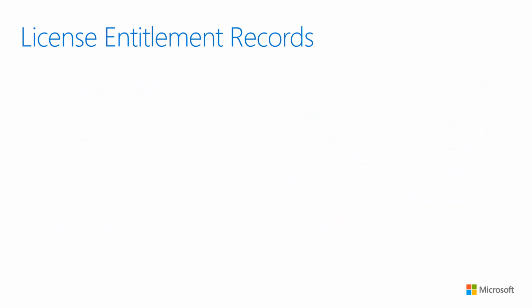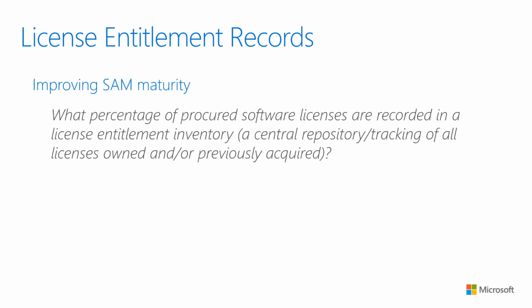To assess SAM maturity in the license entitlement records competency, you need to answer this question. What percentage of procured software licenses are recorded in a license entitlement inventory? And you can see it suggests there that's a central repository or tracking of all licenses owned and or previously acquired.